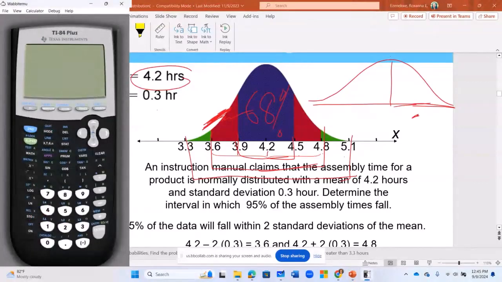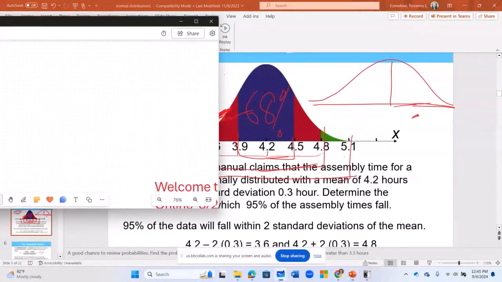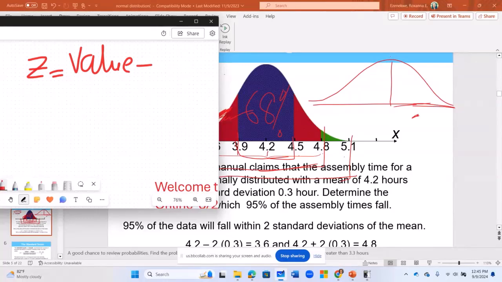Okay, so I don't want to use the calculator now. So by the way, what is the formula for z-score? The formula for z-score, that's why I pulled this, is z equal to the value, minus the mean, divided by the standard deviation.